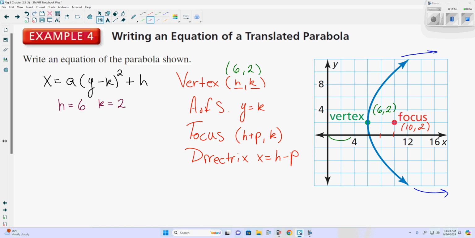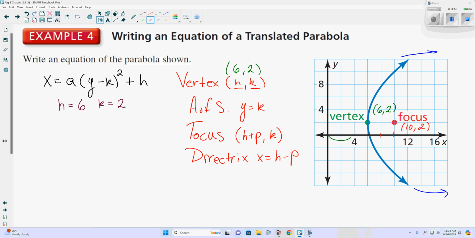H has to be 6. K has to be 2. Now, p and a is going to seem weird. It's going to seem odd, but it's going to work out nicer in the end, how we get from one to the other. So we good with h and k?